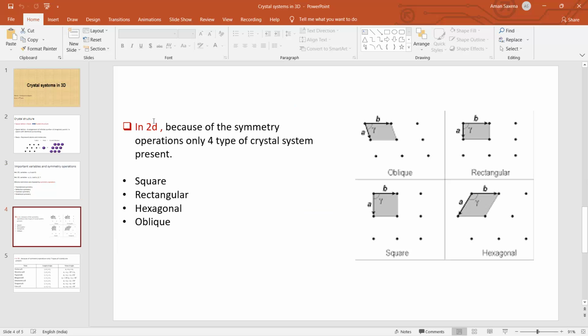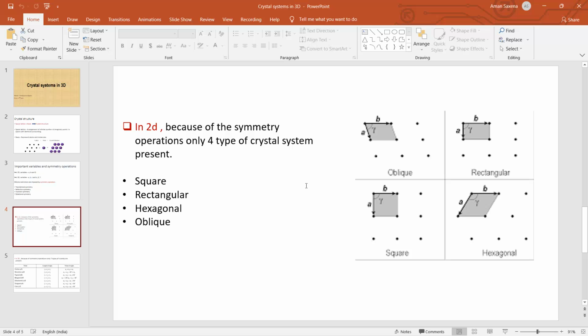When I talk about 2D, because of these symmetry operations, we only have four types of crystal systems present. These are the square system, in which the magnitude of a and b is the same and the angle theta between them is 90 degrees.